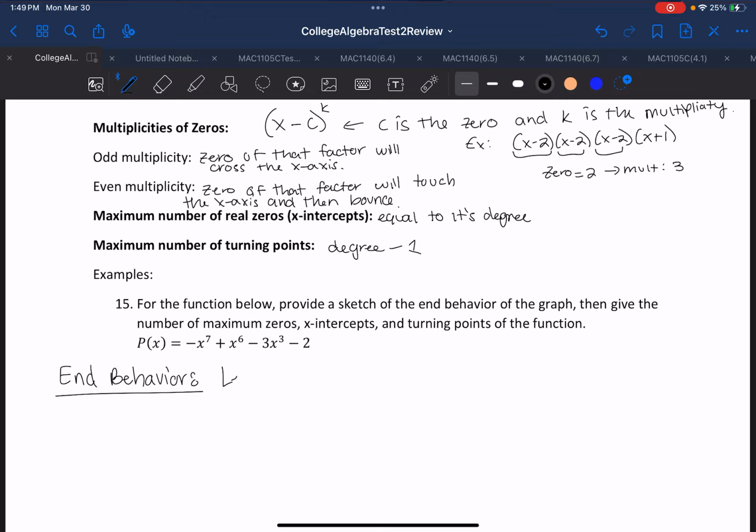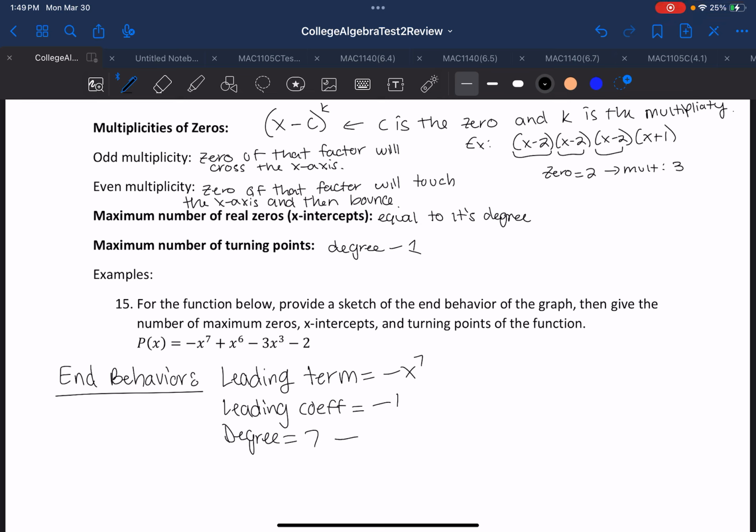The leading term here is the one with the highest exponent, the largest exponent. So that would be negative x to the 7th power. So the leading coefficient is negative 1. It's the number in front of x to the 7th. And the degree here is 7.